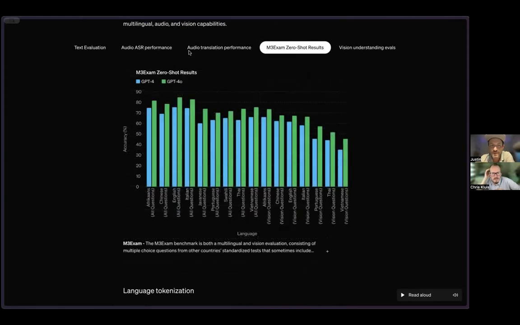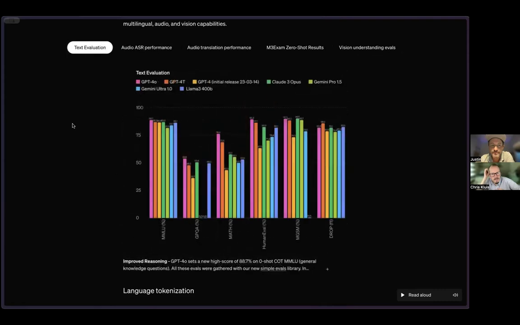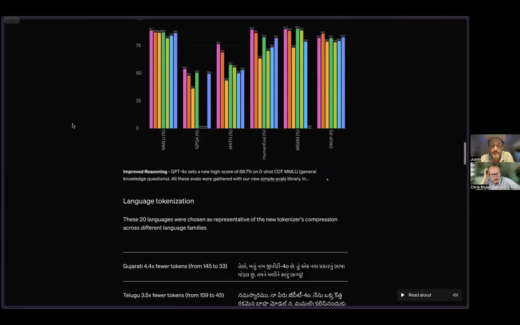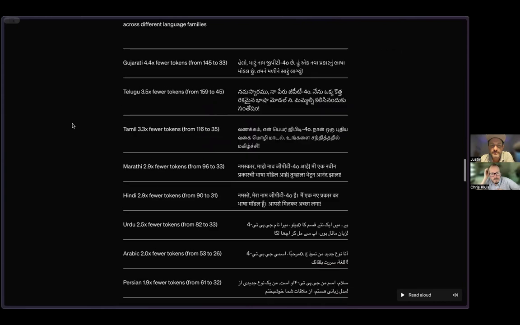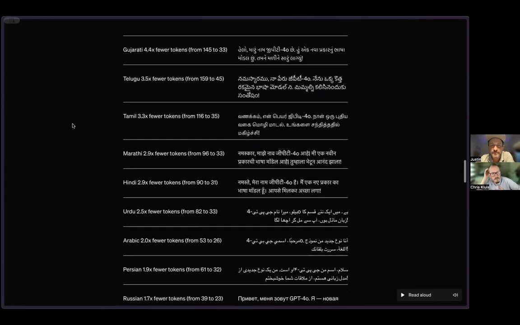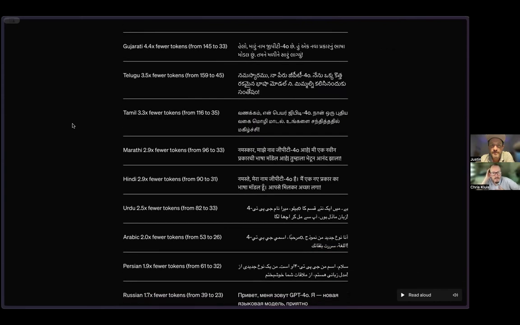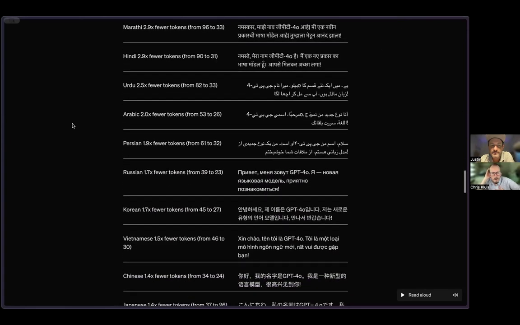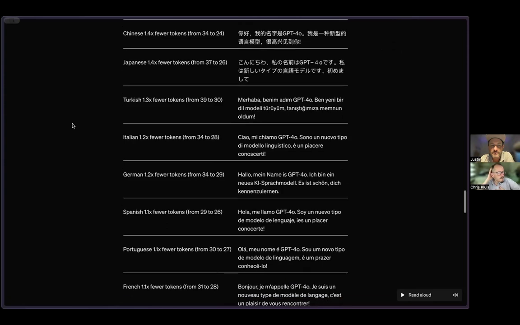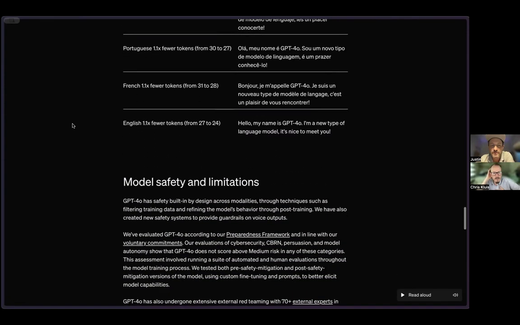Now, obviously, there's all kinds of minor improvements here, and language tokens. This is also another thing that's really, really important. There's been a big shrink in token count. Which, okay, for English, it's not nearly as big as for non-English, right?